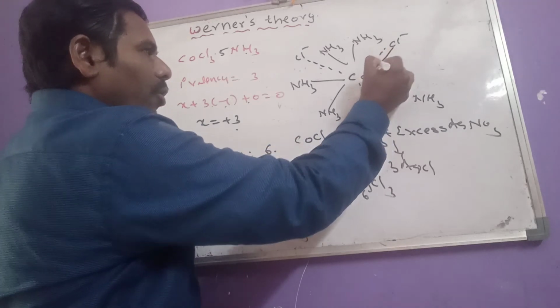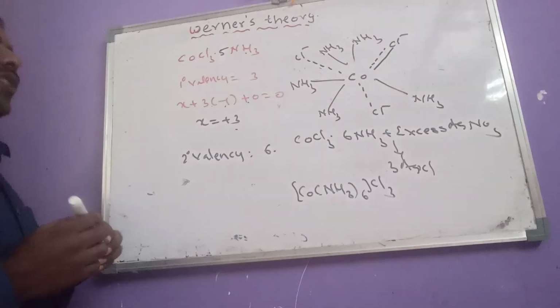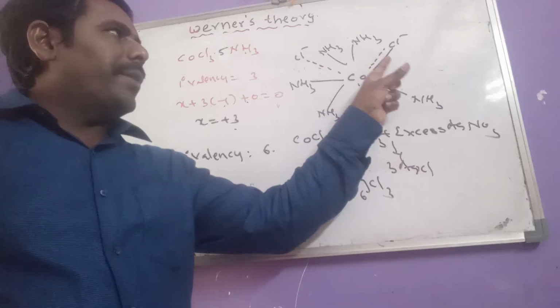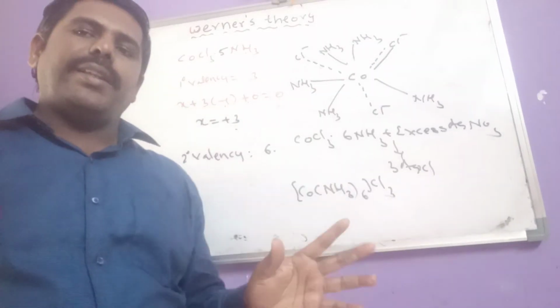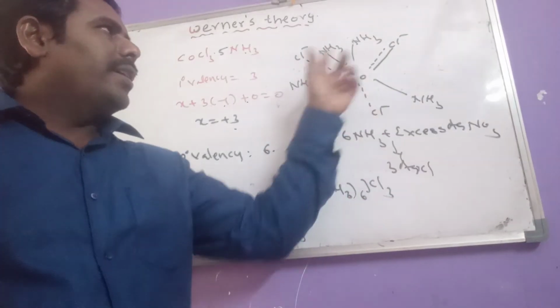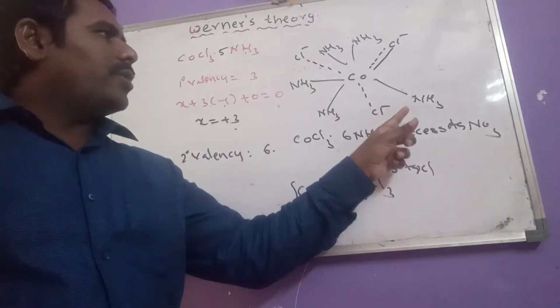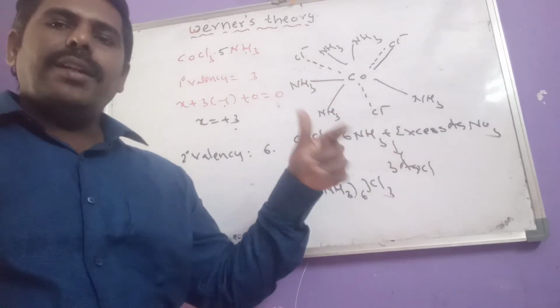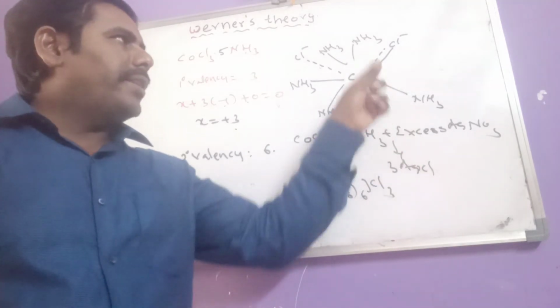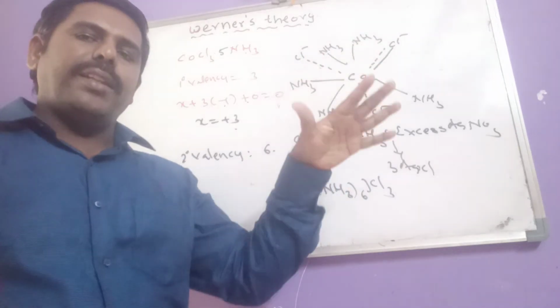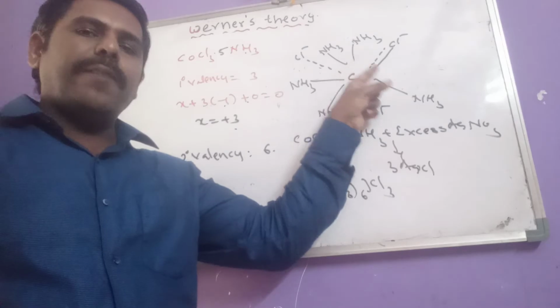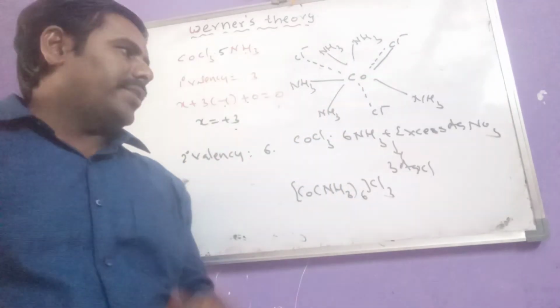One of the chloride ions satisfies both primary and secondary valencies. That means from this complex compound, only these 2 Cl minus ions will ionize, but this chloride doesn't ionize because it is satisfying both primary and secondary valencies.